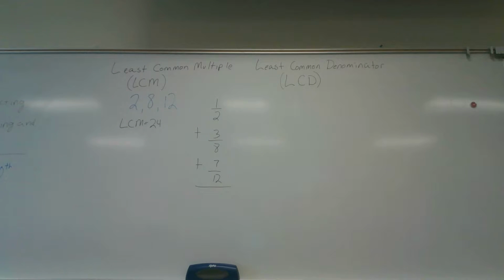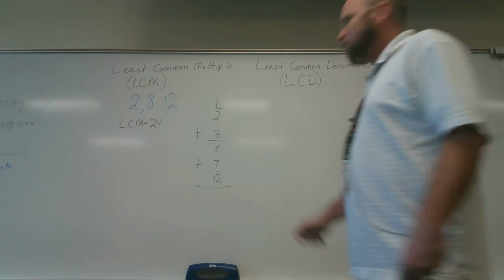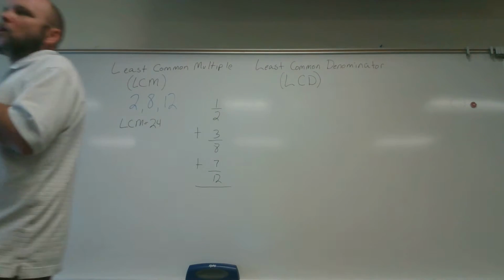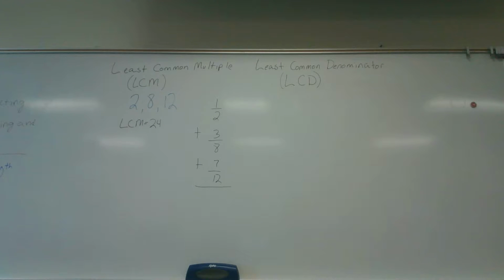If I cut it into 8 pieces and I ate 3, that's our value of 3/8. If I had a round of brownies and I cut it into 12 pieces and I ate 7... So the top number is how many pieces you had. The bottom number is how many pieces there are. Numerator on top, denominator on bottom.